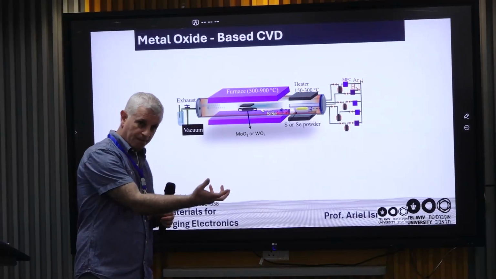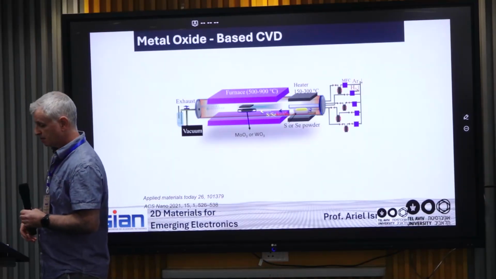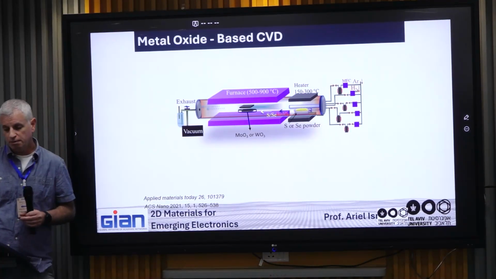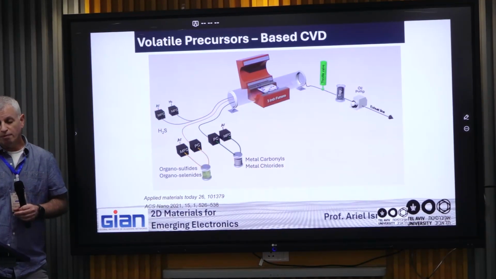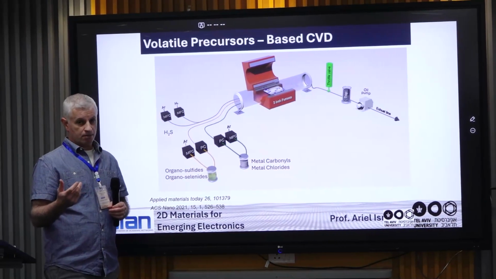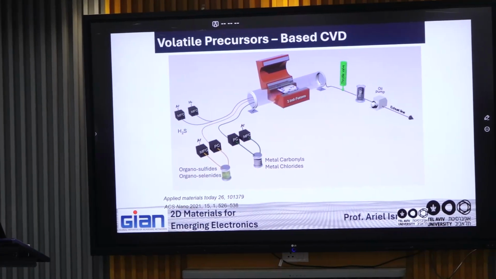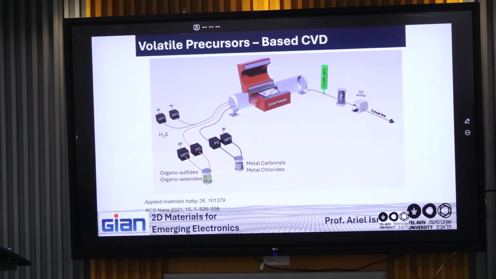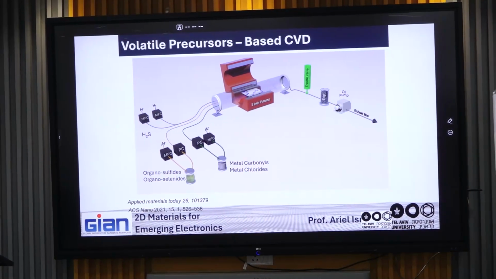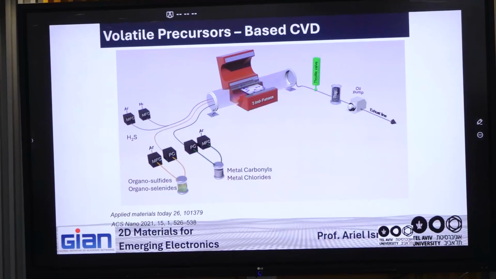Therefore, you need to place them in the reactor. So one option is to move to volatile precursors, like the type of precursors that I talked about in the last session. Metal organics, for example, or metal halides, metal chlorides.